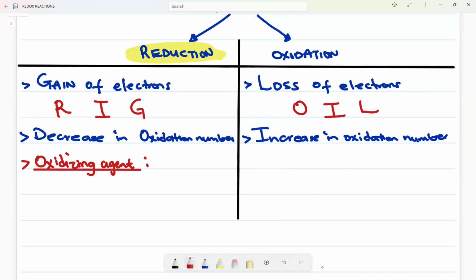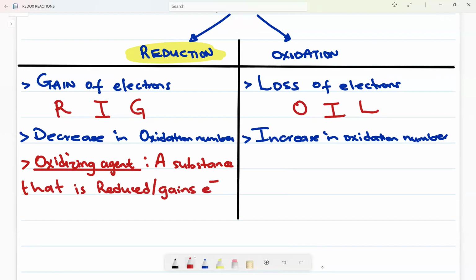An oxidizing agent is a substance that is reduced, or that loses electrons. I'm lying, that gains electrons. Why am I saying that? Please take note of this. I'm going to explain this again.